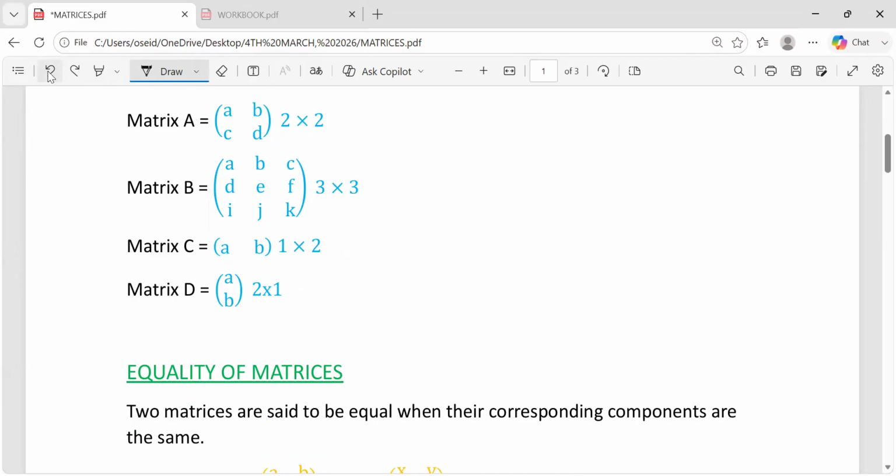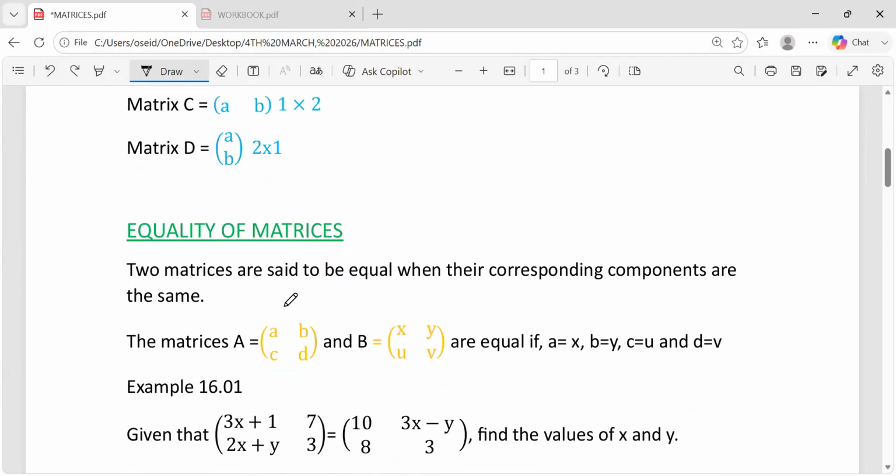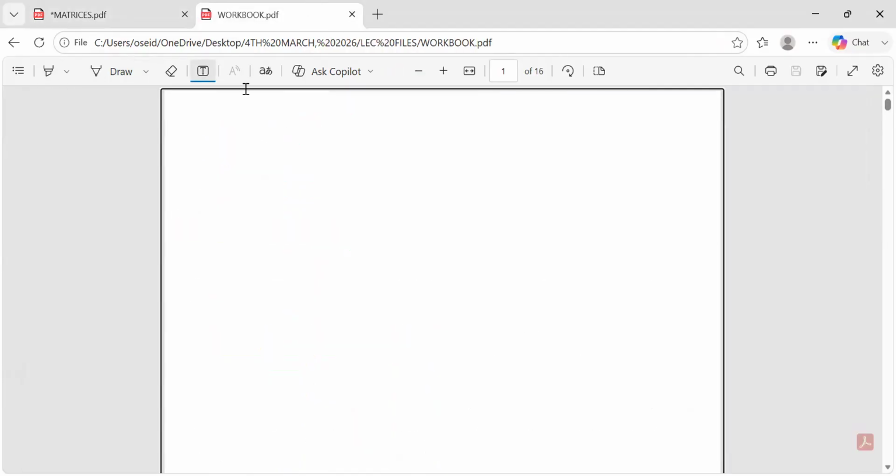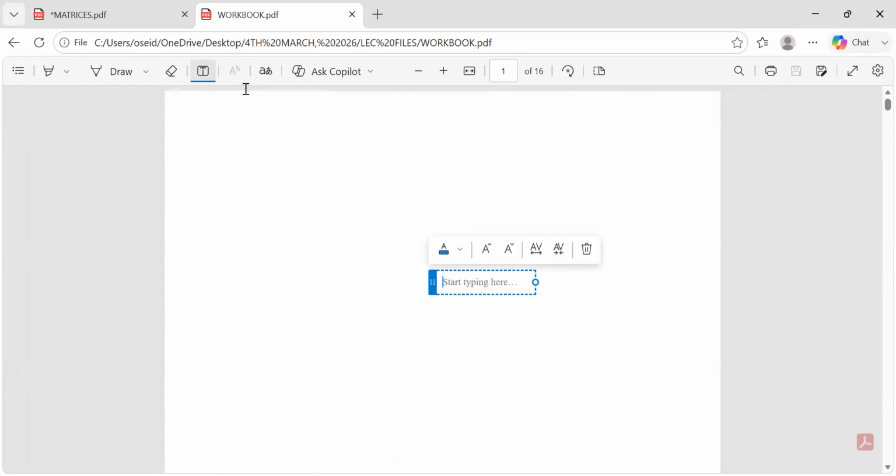All right. So without wasting time, we move on to equality of matrices. When you say equality of matrices, it simply means equating matrices to their corresponding components in the other bracket.